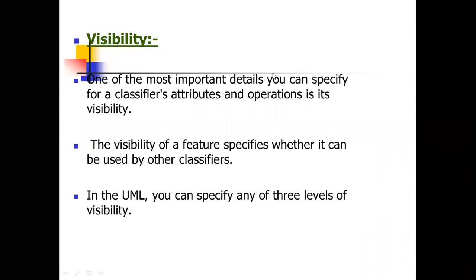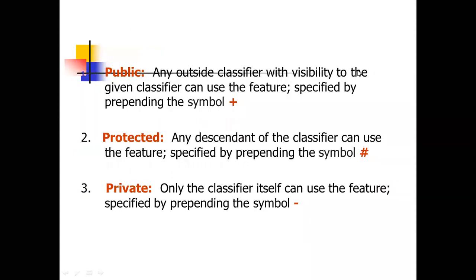There are three visibilities: public, private, and protected. You can see the public. How to denote public visibility? Any outside classifier with visibility to the given classifier can use the features specified, by preceding the symbol with a plus. Public visibility is denoted with a plus sign, then protected with a hash.